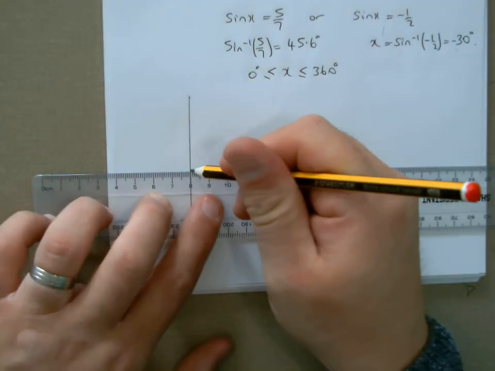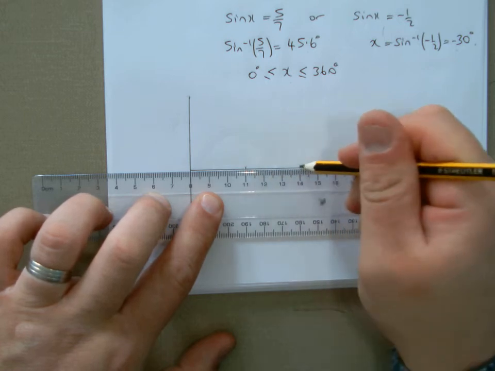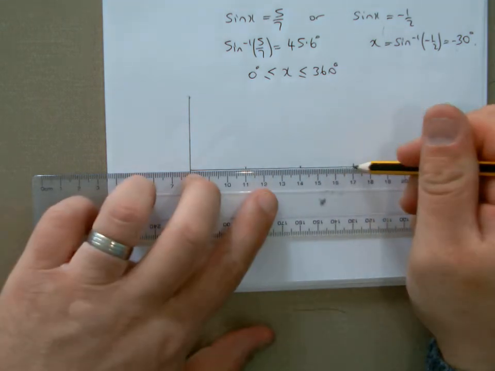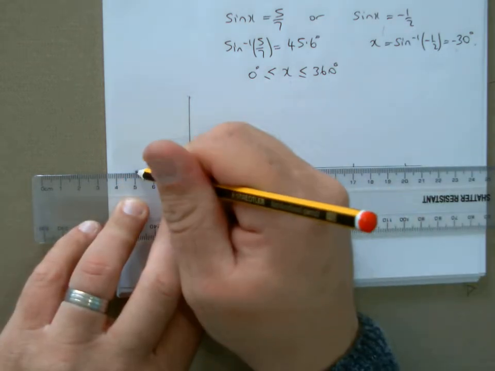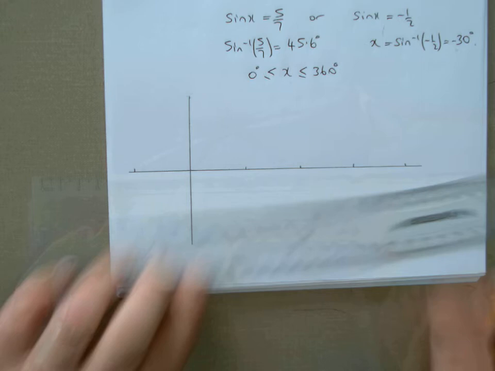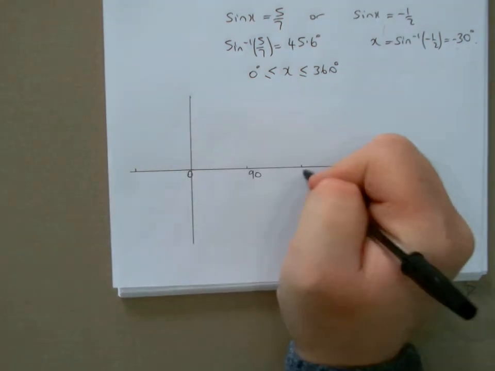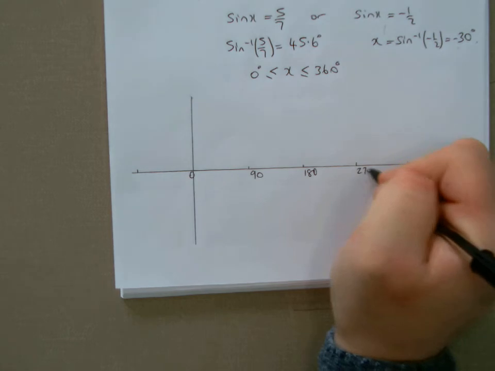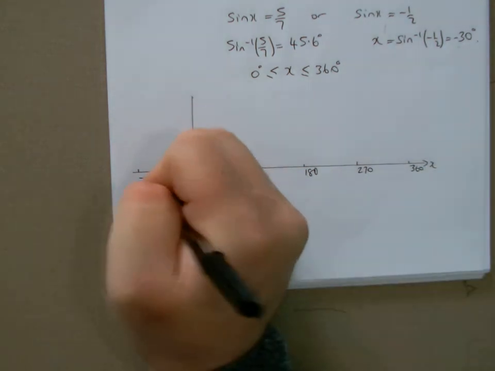So perhaps what would be good is every 3 centimeters would represent 90. And of course we need to go back to minus 90 as well. So we could put in 0, 90, 180, 270, 360. That would be my x, and minus 90 there, of course.